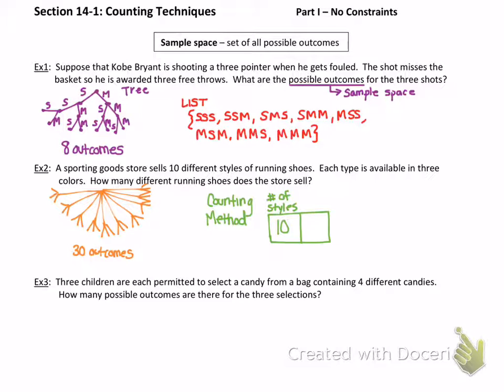And then the second one was the number of colors, and there were 3 of each of those. So you take these 2 numbers, you multiply them, and you get 30, just like you did in the tree.